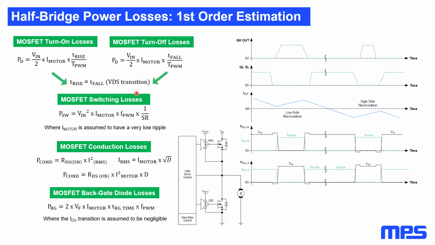So the VDS voltage doesn't need to travel from 0 to V in, as in the case of the high side. In the case of the low side, the VDS voltage has to travel from minus 0.7 to 0, which is basically nothing. So all the currents that are needed to charge or discharge the capacitances of the low side during switching operations are already charged or discharged.